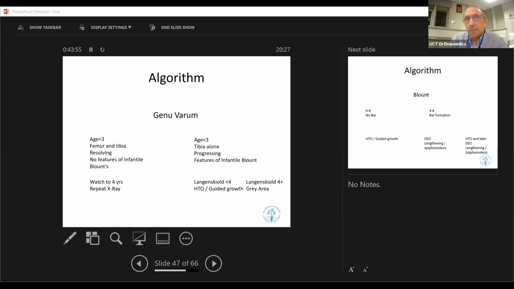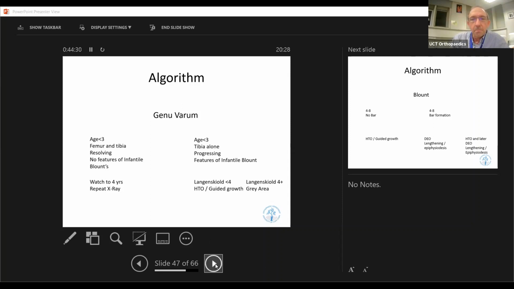And bear this in mind as well, that eventually with physeal growth, there is an ill-defined zone where angulation can be so large in magnitude that there simply isn't a place for guided growth. Sometimes guided growth is just not powerful enough. The physis remaining may not be able to overcome the forces that it's required to overcome. So that's kind of where we are.